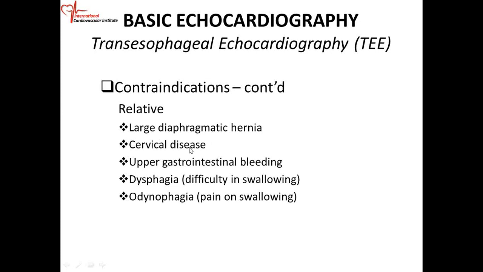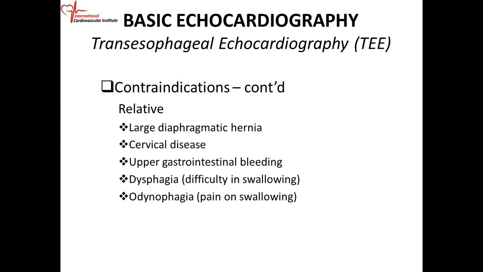Cervical disease, the patient has a problem in the neck, the vertebrae in the neck. Sometimes you can't extend the patient's head, and you have to extend the head in order to do this procedure. Upper gastrointestinal bleeding, you have to think twice, because if the patient has, say, varices, you can knock off the clots and cause torrential bleeding.